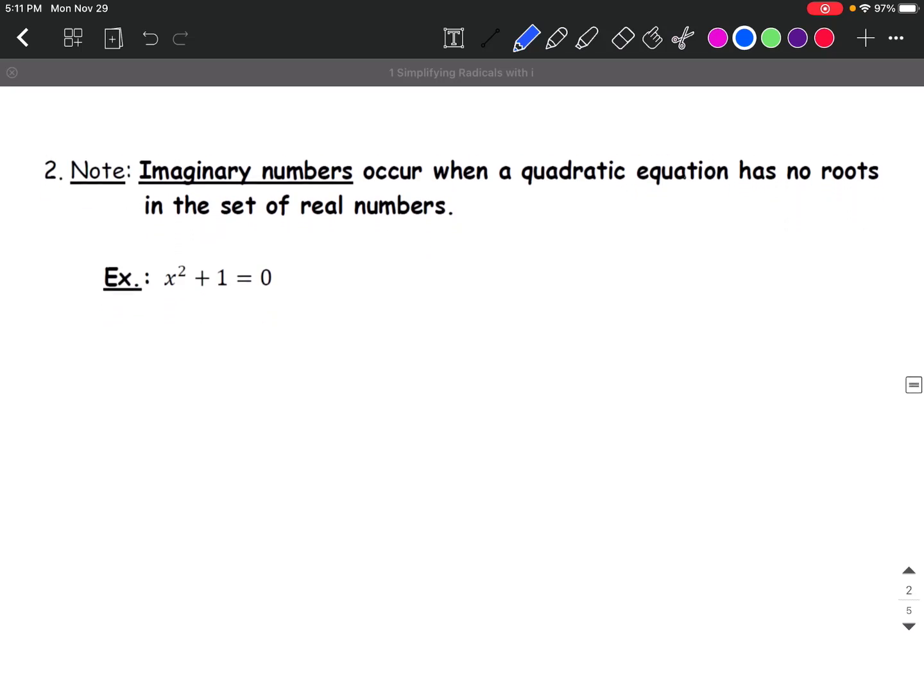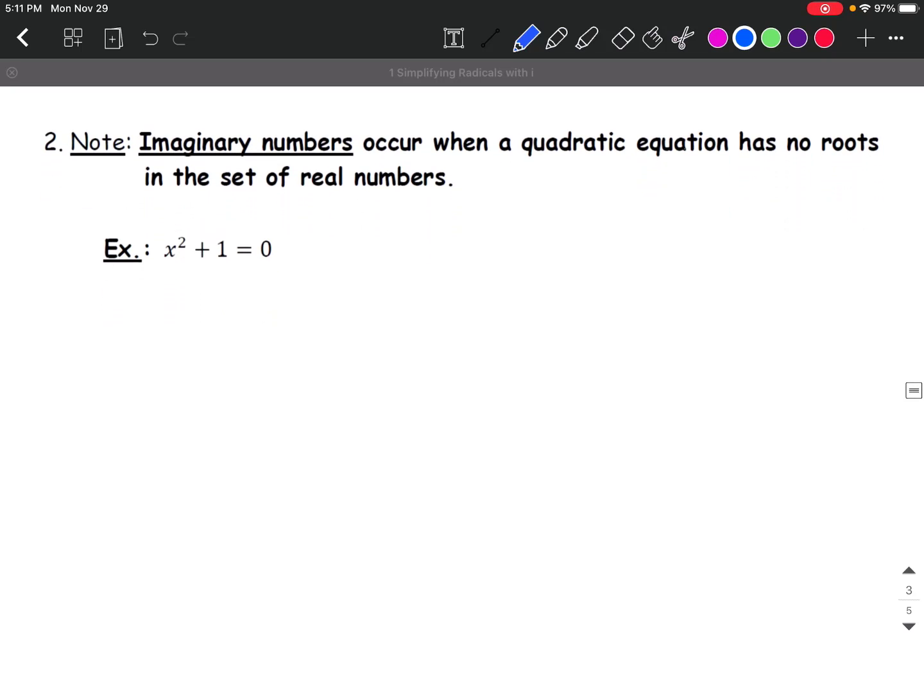Now, what happens is imaginary numbers occur when a quadratic equation has no roots in the set of real numbers. So for instance, x squared plus 1 equals 0. This is not a difference of two squares. This is a sum. Okay, it does not factor.